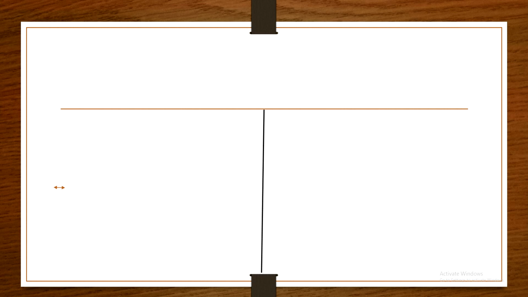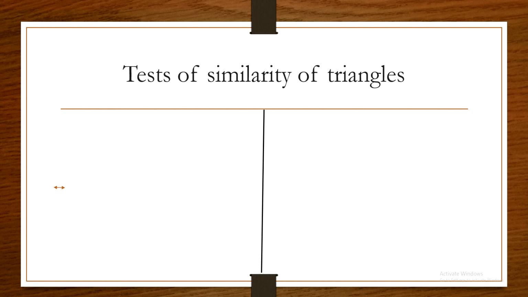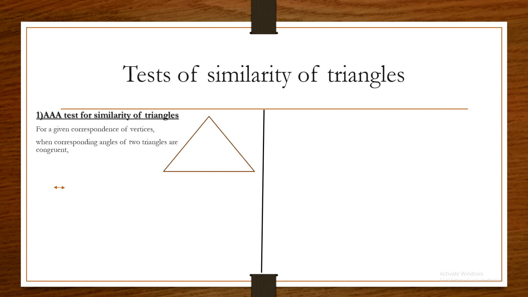Now let's study some tests of similarity of triangles. First test, AAA test for similarity of triangles. One triangle is given, ABC, another is given, PQR. Note that angle A is congruent to angle P, angle B is congruent to angle Q, and angle C is congruent to angle R. Then for a given correspondence of vertices, when corresponding angles of two triangles are congruent, then the two triangles are similar.